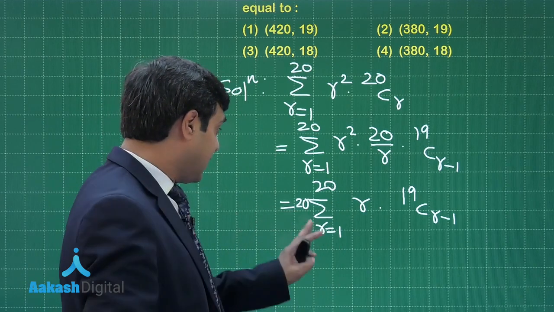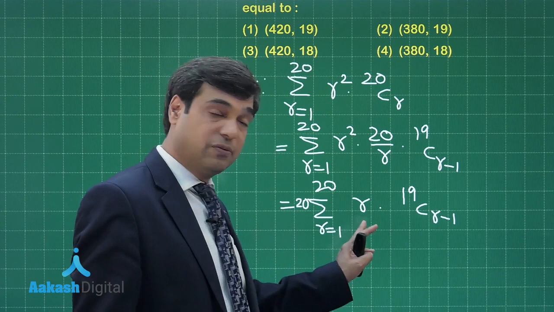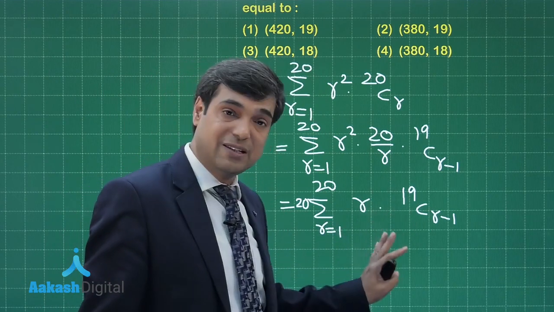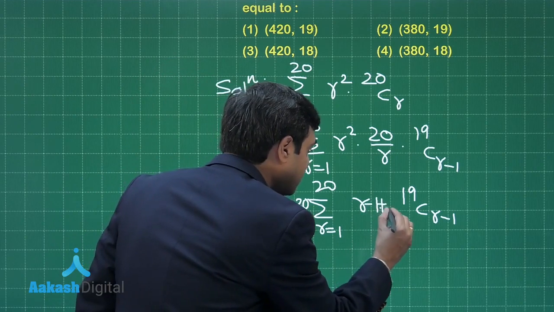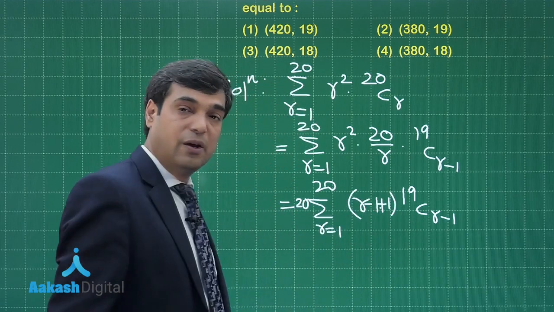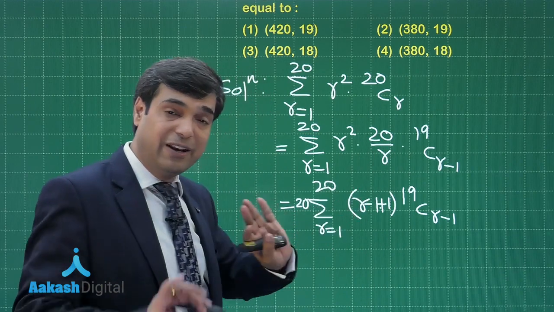Now you can see this 19 C r minus 1, when you put r equals 1, this becomes 19 C0 and so on. If you write here r minus 1 plus 1, so first one is r minus 1 into something, r equals 1 will give you 0.